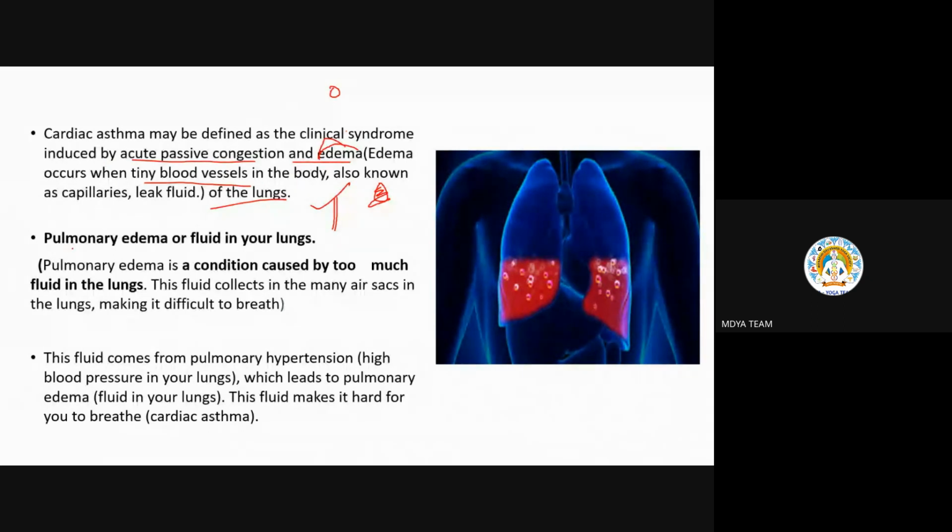So pulmonary edema is fluid in your lungs. Pulmonary is again the word for lungs. So pulmonary edema means fluid-filled sac-like structures.